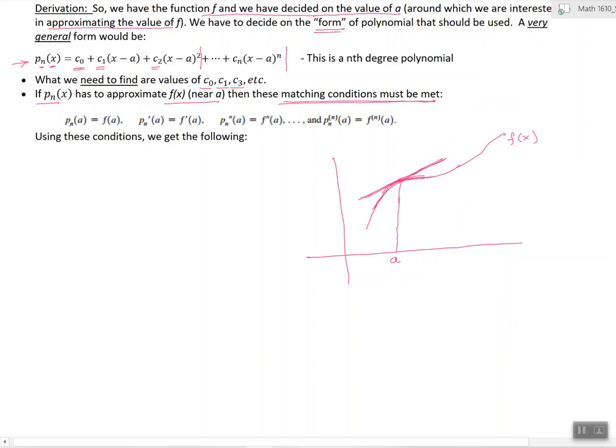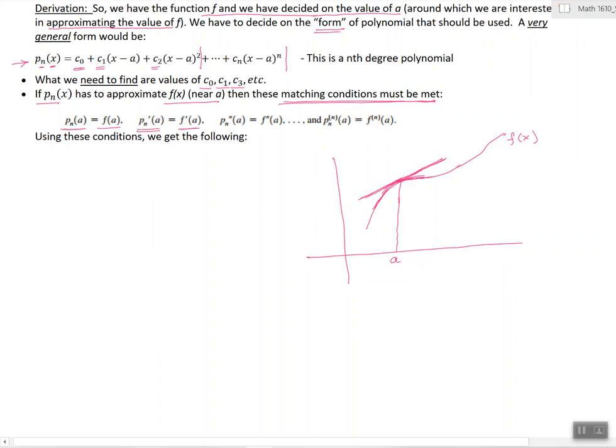So you would want the value of the polynomial and the value of the function to be same. Then next you would like the slope of the polynomial and the slope of the function to match so that they are tangential to each other.